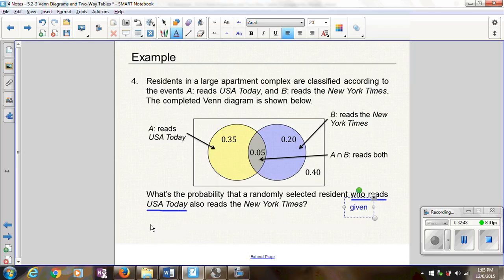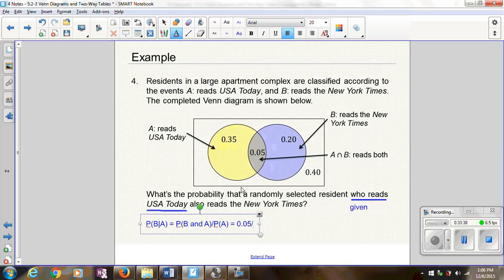So if I'm going to write this using my notation, I'm trying to find the probability of reading the New York Times, which is what we called event B, given that they read USA Today, which is event A. And so using my formula, that's going to be the probability of A and B, or I can say B and A if you want to keep it in order, and I need to divide that by the probability of event A. And so the probability of both B and A is going to be the 0.05, that's where they overlap, divided by just the probability of A. Now you have to be careful because the probability of A includes everything in this circle, not just the 35%.